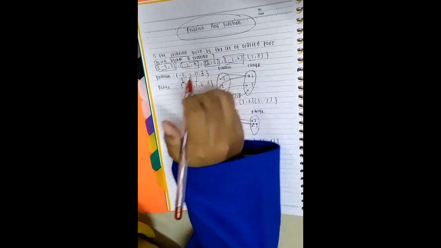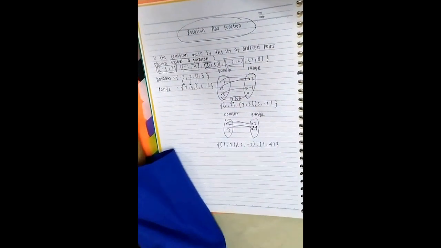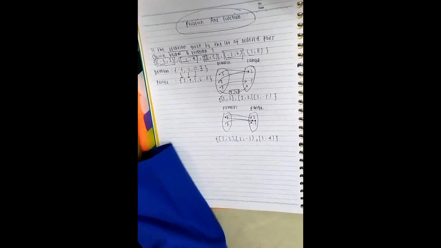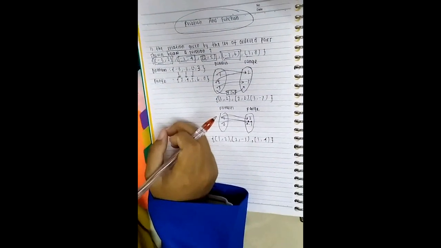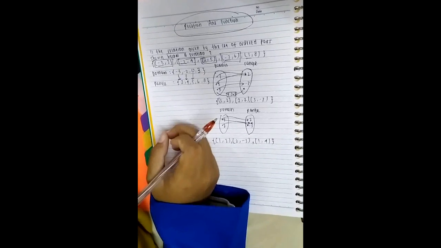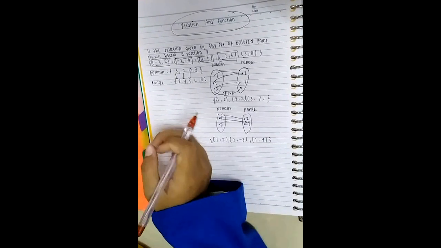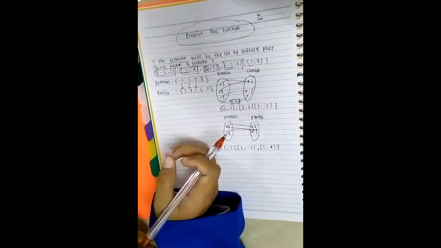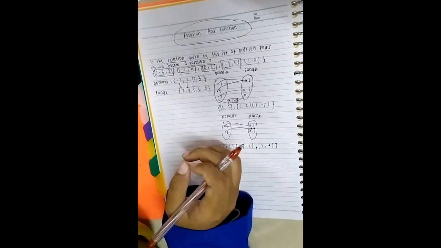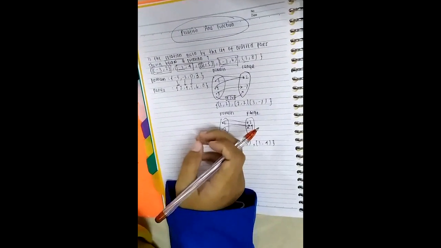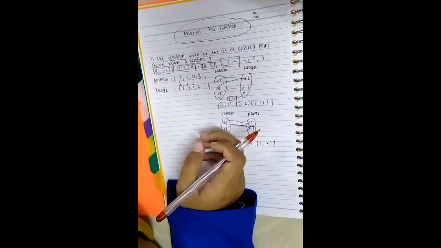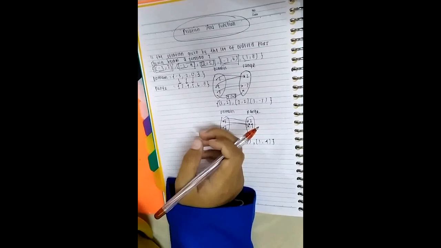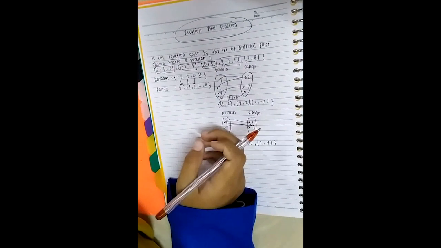Now this is interesting. Negative 2 is already mapped to something. Now this ordered pair is saying it's also mapped to 6.